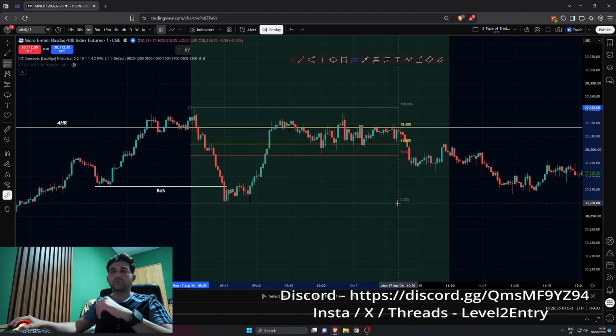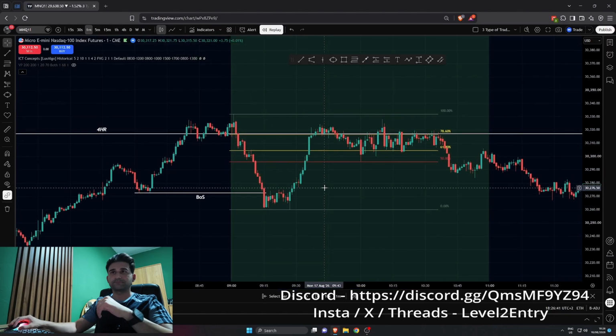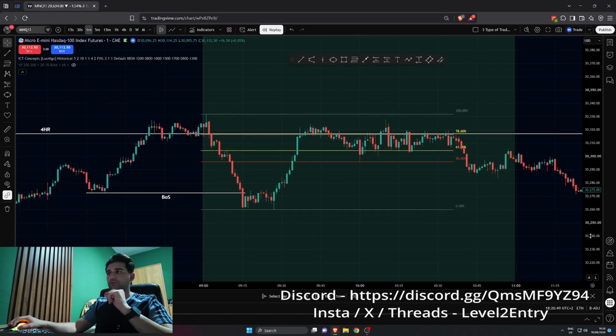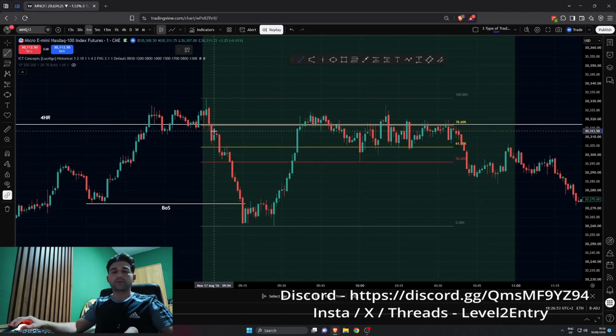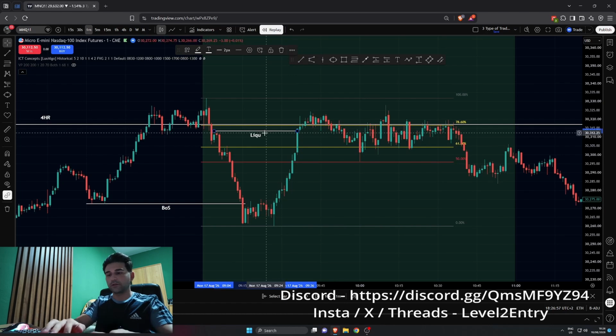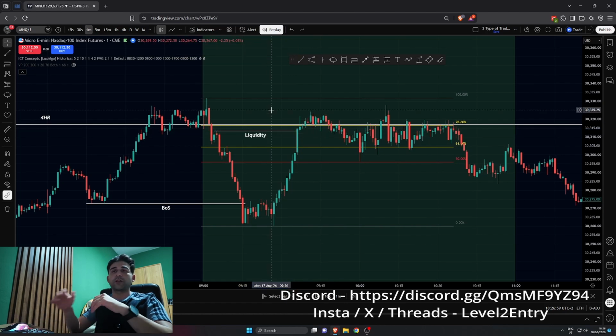So I've plotted the fib from the top of the bearish movement to the bottom, and now I will be marking only liquidity above the 61.8 of the fib, of which there is only one point here, which is this one here. I shall name it liquidity.